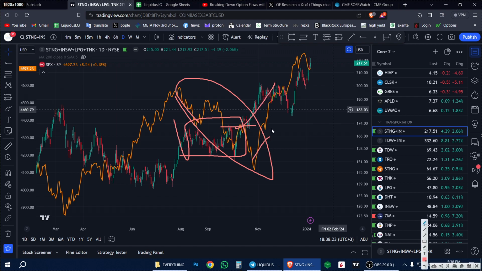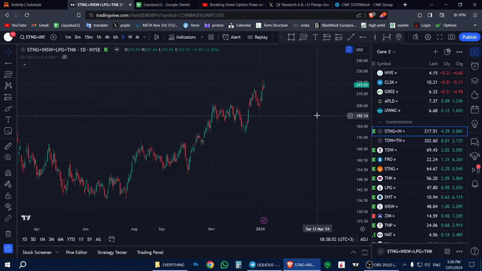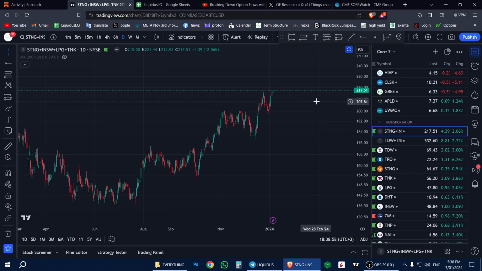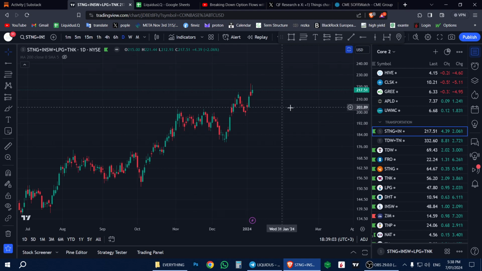These guys broke out much sooner than the SPX did, and then a massive move higher in SPX, consolidation in STNG, massive move higher in SPX, and here they went together. But overall, the correlation to the beta of this portfolio is 0.35, which is very, very low. So the beta component right here, you don't have to worry about too much with these companies.